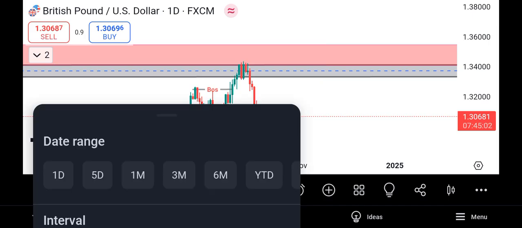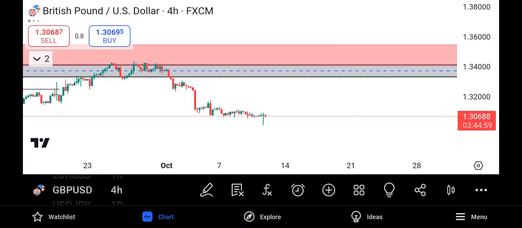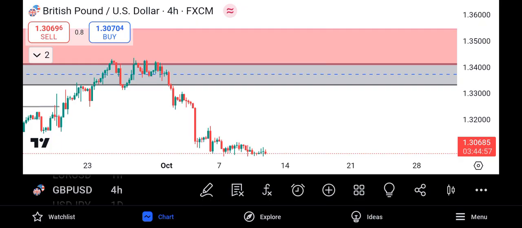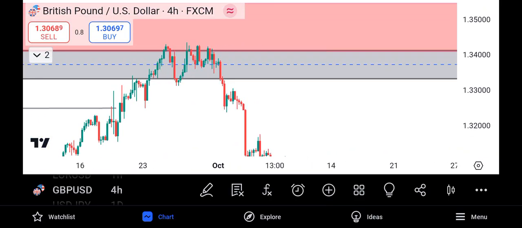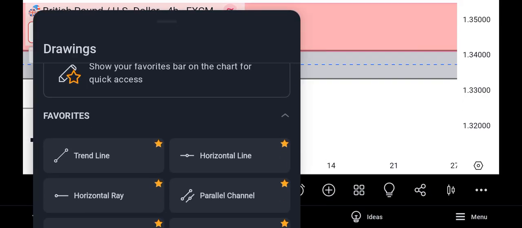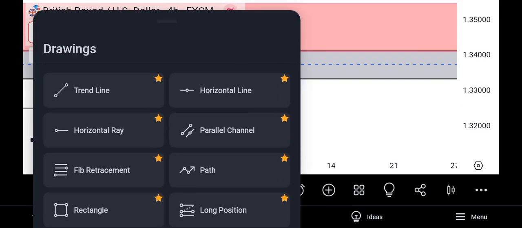So I went to my 4-hour time frame, and I noticed something. I was saying to myself that once the market breaks structure on the 4-hour time frame, I'm going to take the trade.